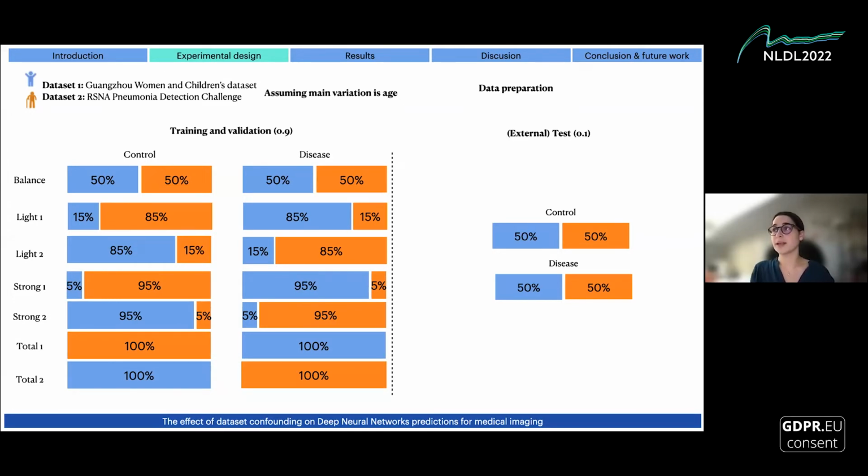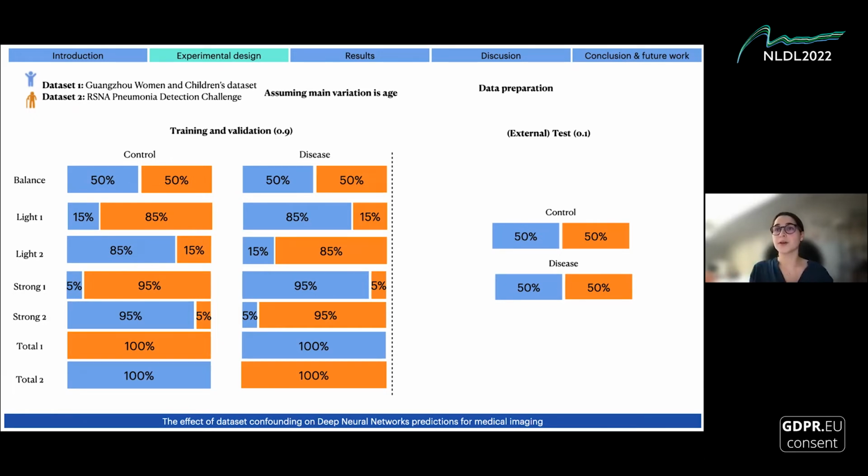This is always balanced, and we always test against these images. And then for the training and validation, we simulate 4 different scenarios. So balanced dataset means that we want to build a classifier between control and disease, but of the control, 50% of the cases came from dataset 1 and 50% of the cases came from dataset 2, similarly with disease.